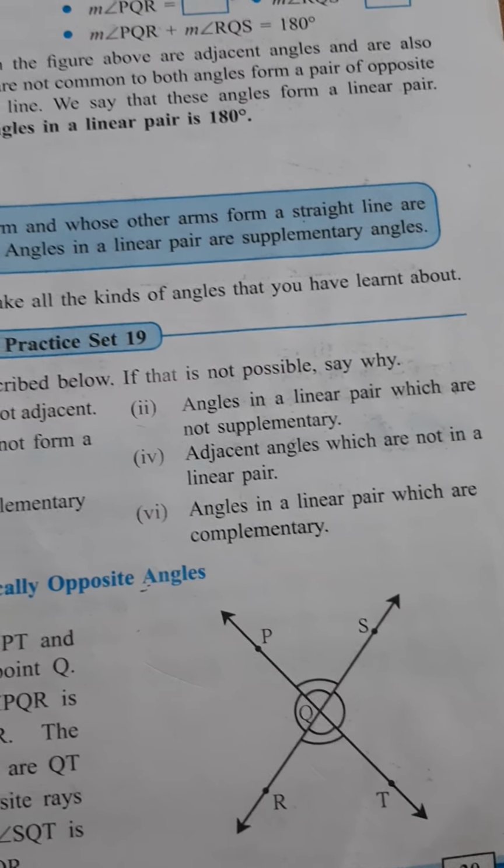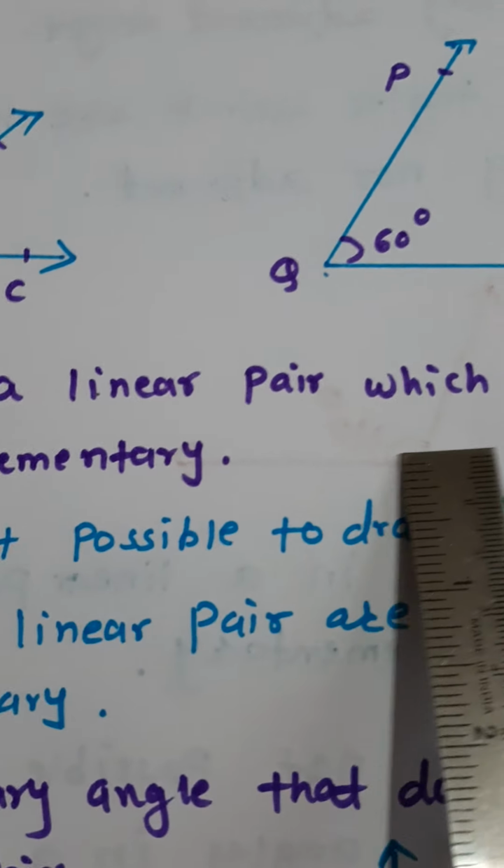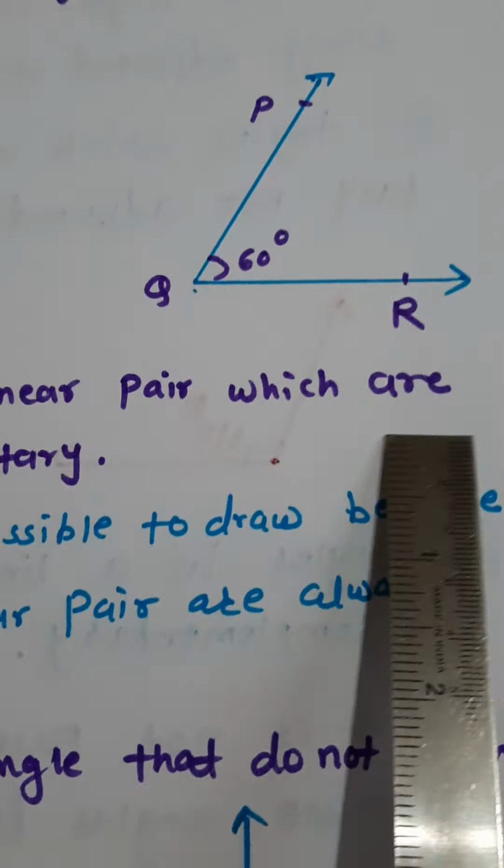So what is the answer? It is not possible to draw, because angles in a linear pair are always supplementary. See the third one.